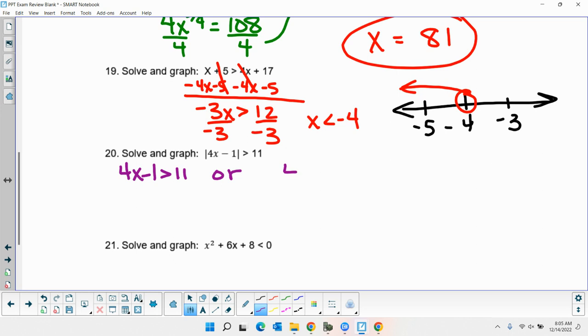And then 4x minus 1 again, but we switch our inequality symbol and we make it negative 11. So for the number 11, we just made it negative. I think that's what it was before, or whatever we started with. All right, when it's an inequality, you switch the inequality and the number. Okay? And then we just solve them. Add 1, divide by 4 for both.